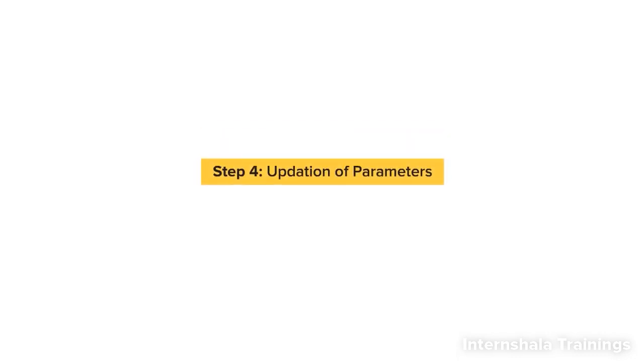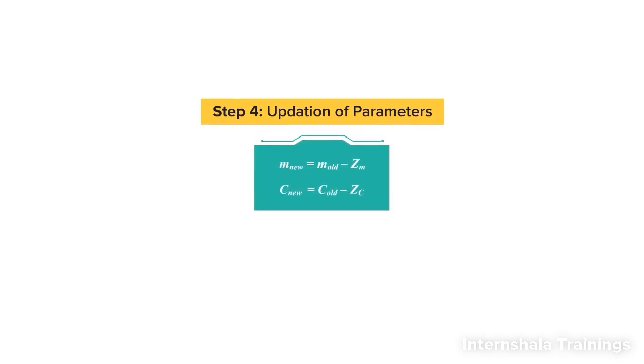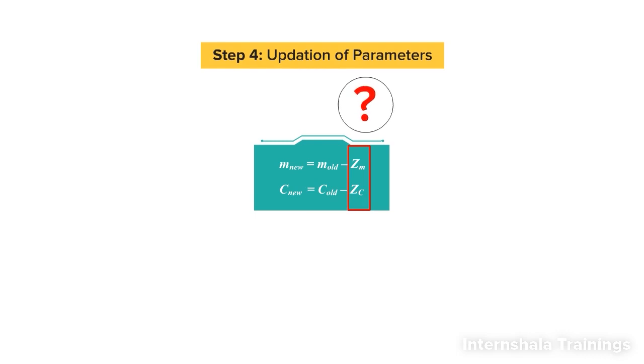Step 4. Now that we have calculated the cost, the next step would be to update the parameters. The updation of parameters is done as follows: m new equal to m old minus zm, c new equal to c old minus zc. So we can clearly see that the new parameters depend upon the old ones, but this quantity z is still unknown.